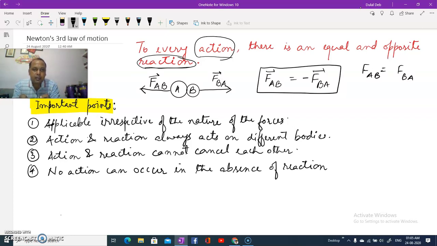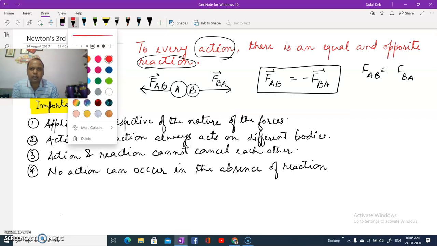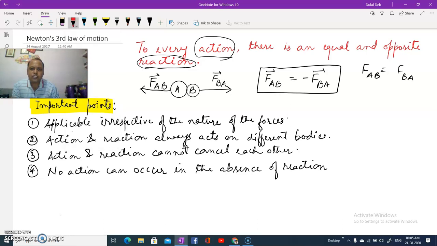Now here in Newton's third law, when we say that to every action there is an equal and opposite reaction, some very important points need to be clearly understood. The first point is, this Newton's third law is applicable to all forces. It is irrespective of the nature of the forces.